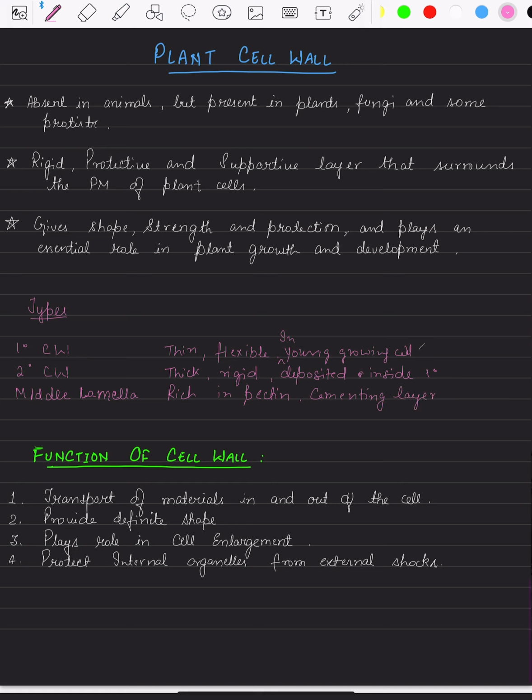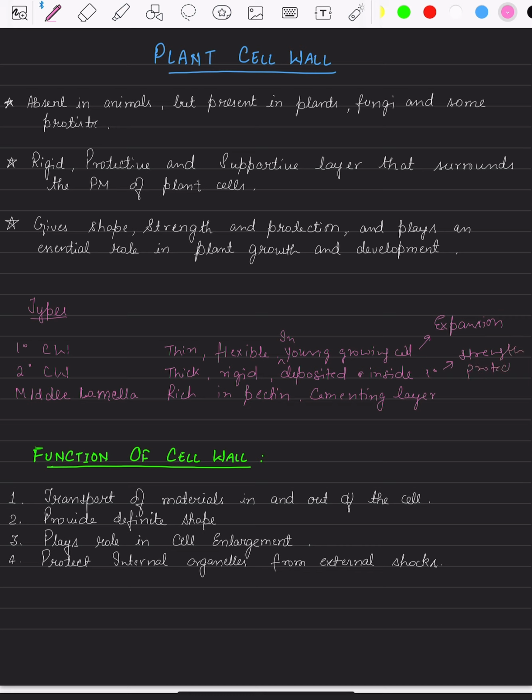If we talk of function, the primary cell wall allows expansion at the time of cell growth. The secondary is responsible for strength. It provides protection.